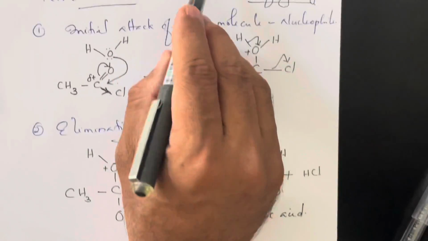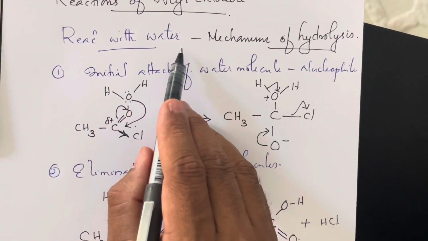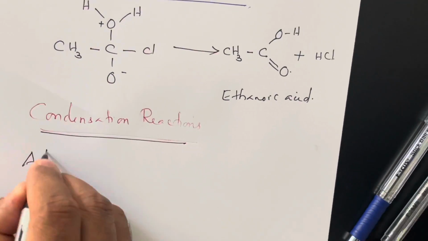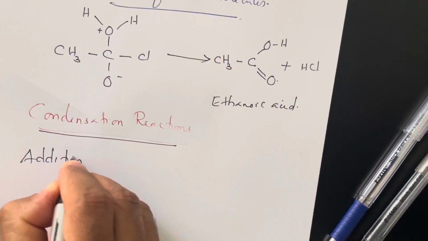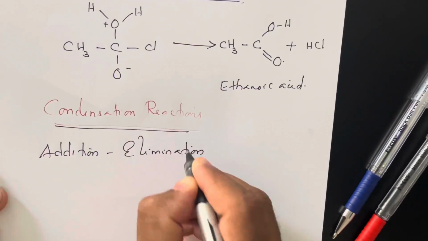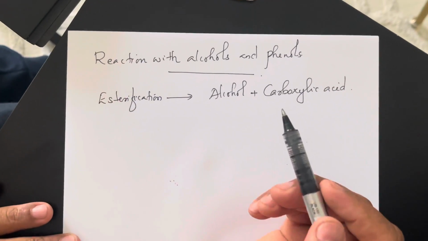So the reaction of acyl chloride with water, you can say it is a condensation reaction. Otherwise you can say it is an addition-elimination reaction.